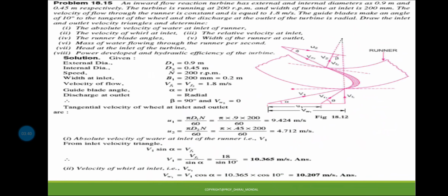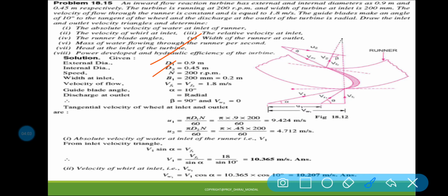Now come to the very important point from your exam point of view. This type of problem you may see in your exam. So first of all, go through the problem. An inward flow reaction turbine has the external diameter and internal diameter 0.9 and 0.45 meter.